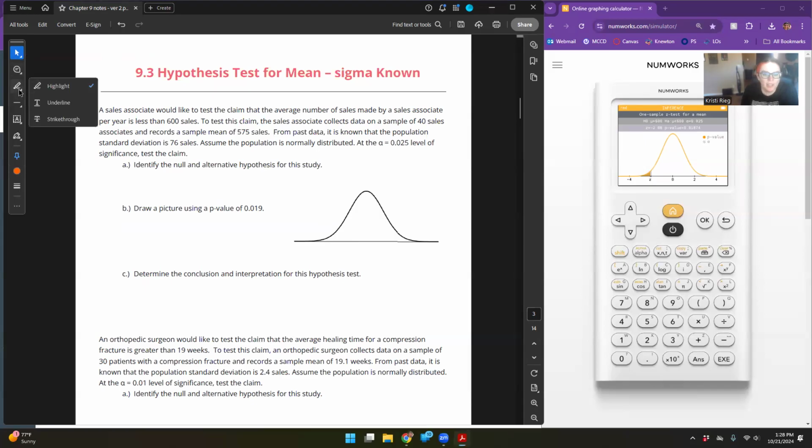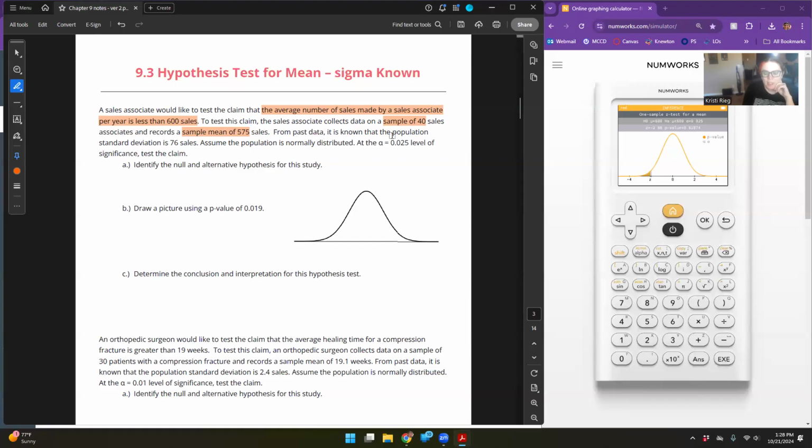So this says a sales associate would like to test the claim that, and here's our claim, the average number of sales made by a sales associate per year is less than 600 sales. To test this claim, the sales associate collects data on a sample of 40, so that'll be our n, and a sample mean of 575, so that's our x bar, because sample mean is x bar.